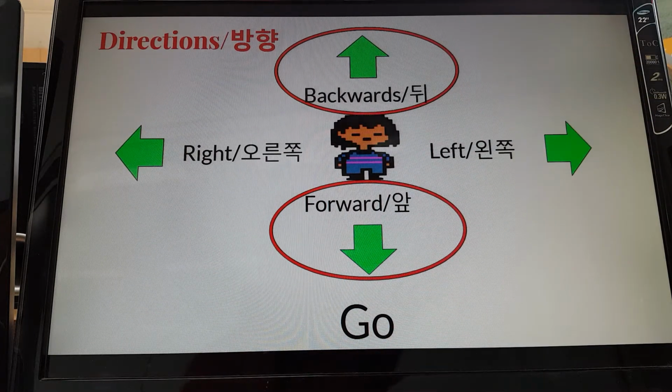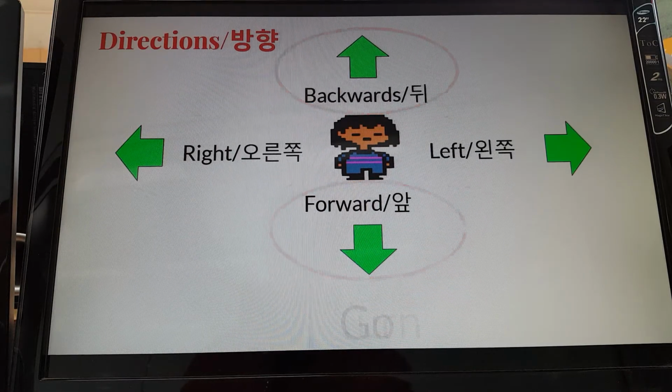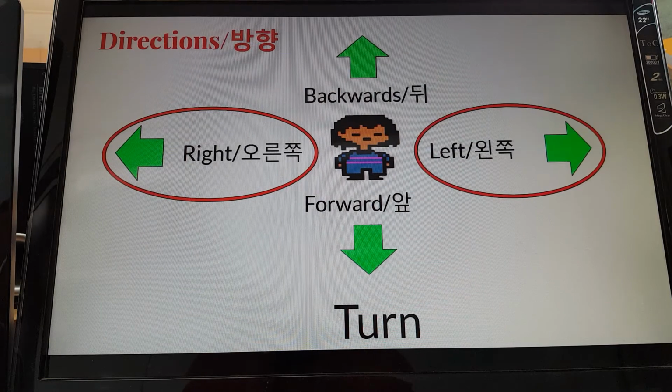And what about right and left? What verb combines with right and left? That is correct. It is turn, the other verb that we learned. So you can turn left or turn right. Yeah? You guys get it?